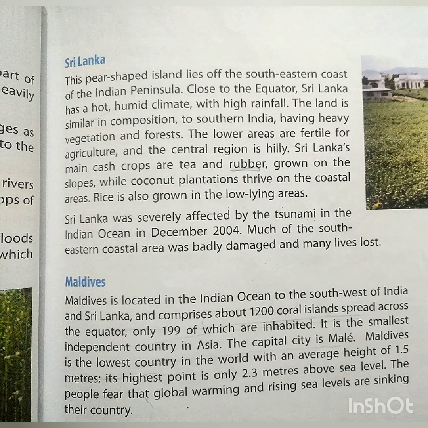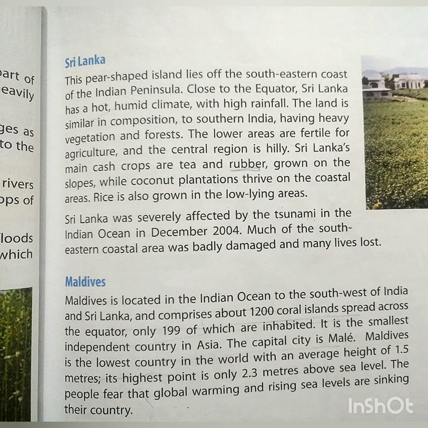Rice is also grown over here in the low-lying areas. But in 2004, Sri Lanka was severely affected by a tsunami in the Indian Ocean. That caused huge damage to most of the coastal areas, and many lives were lost.